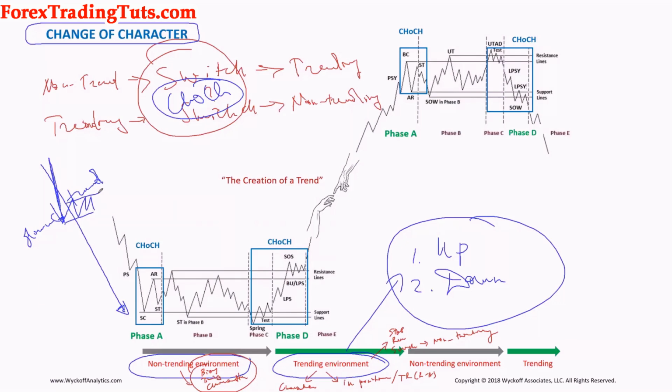And obviously those rallies are going to be smaller. They're going to be populated with some pockets of increased supply. This is where more selling is going to occur, and then additional selling is going to come. So it will not allow the price to go up significantly.